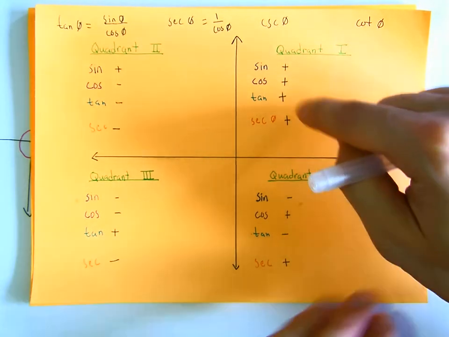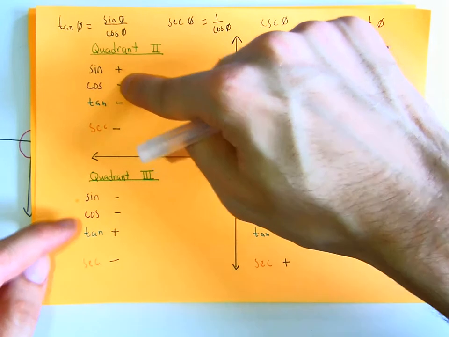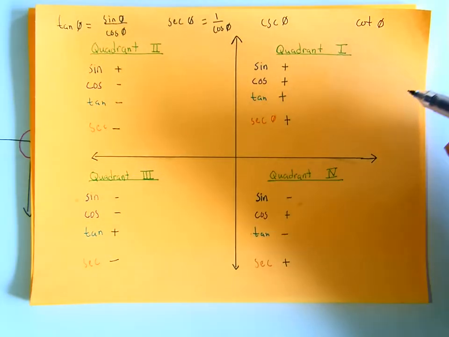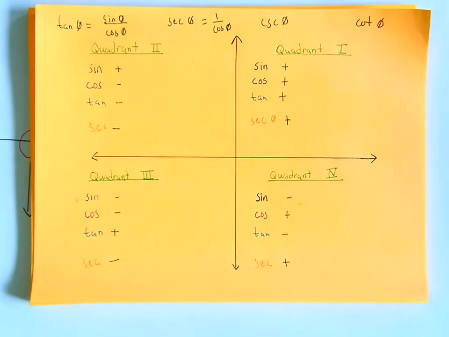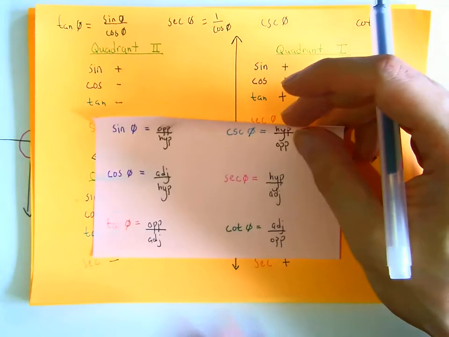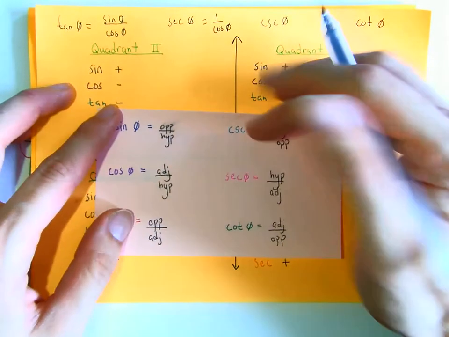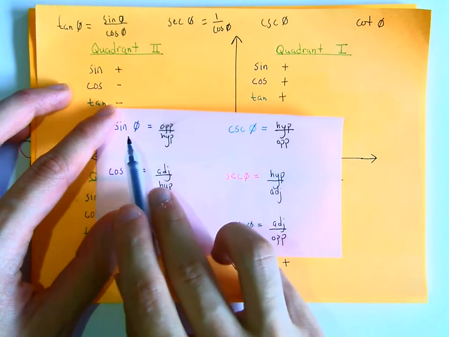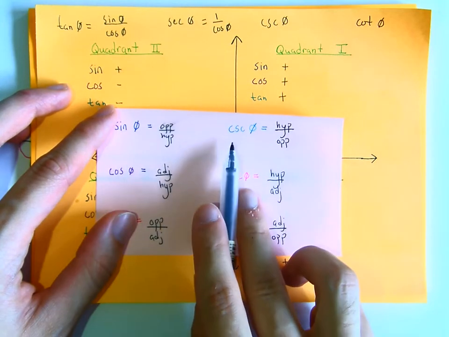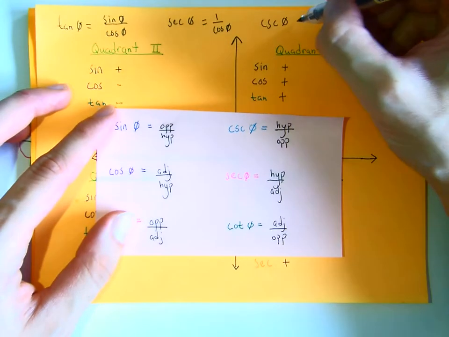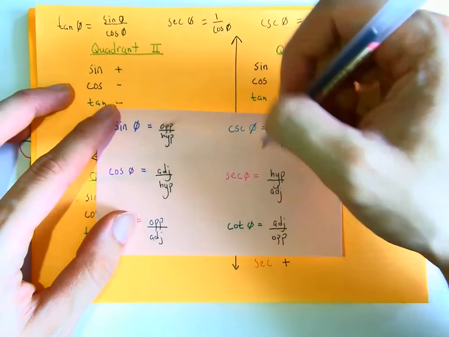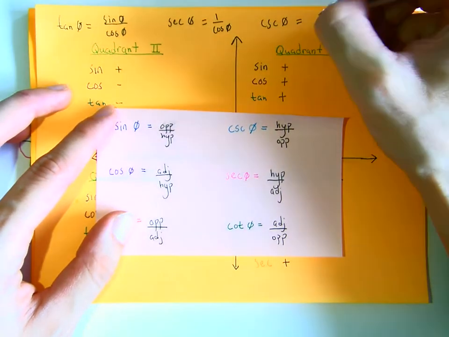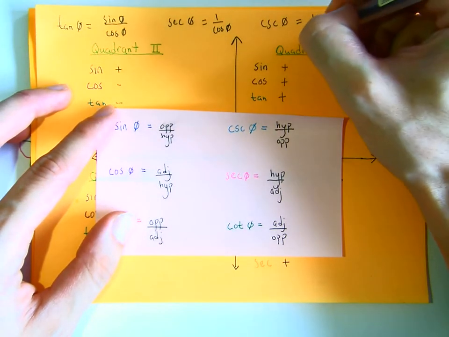And the same idea: cosine is negative here, so secant is also negative here. So notice there's a connection. You see how cosine and secant are connected. Also, sine and cosecant are connected. What do you think cosecant of theta is going to equal? Pause the video and take a guess, but it'll just be 1 over sine theta.